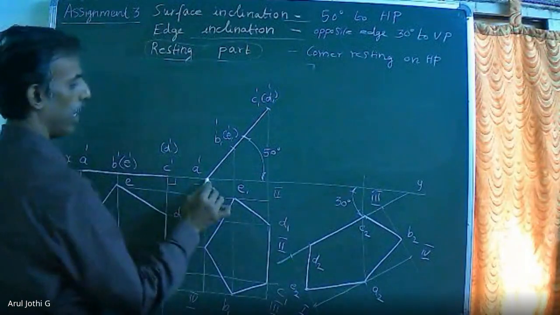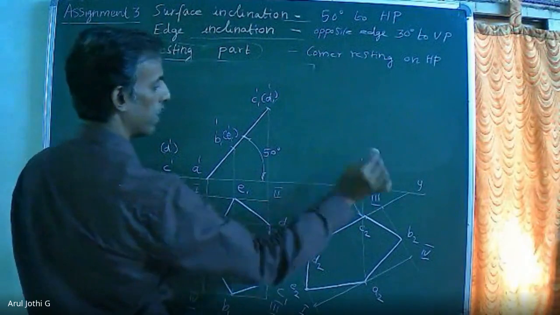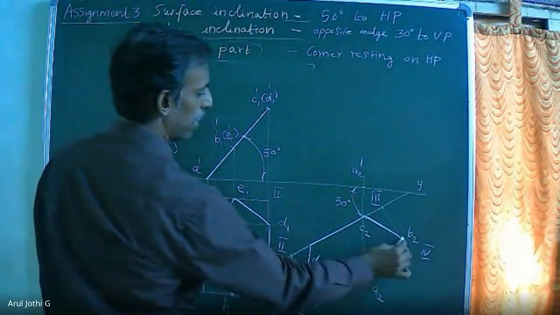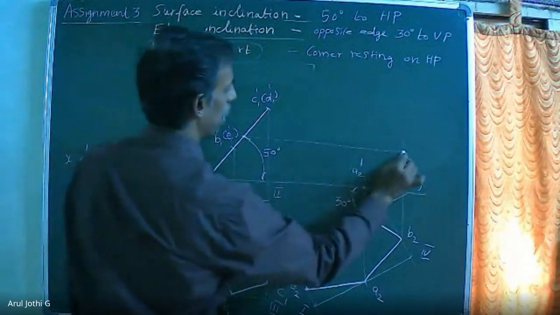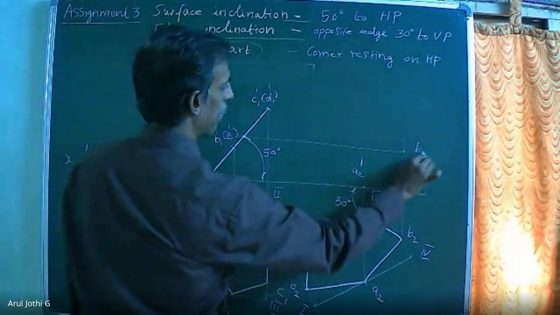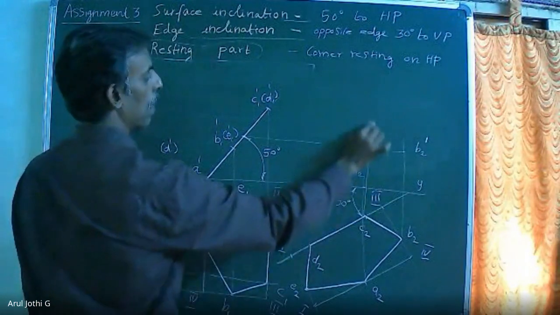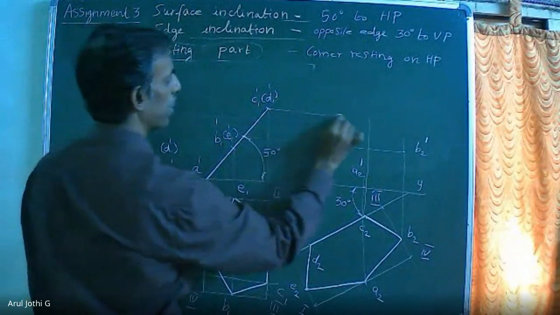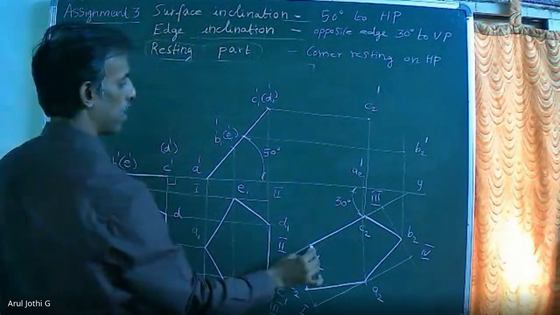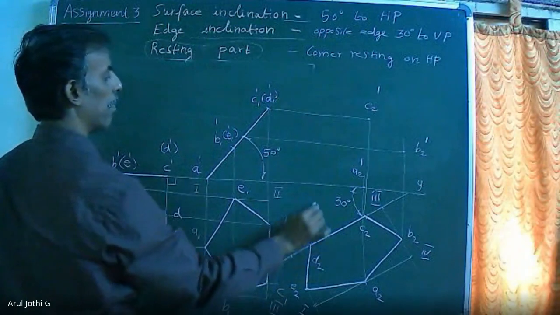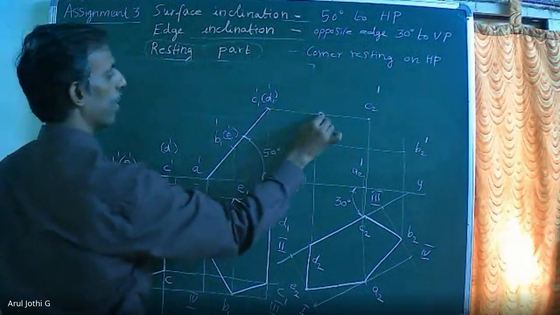Vertical line A dash, both are intersecting, forming A2 dash. Then extend B2, B1 dash. Then extend C2, C1 dash. Then extend D2, D1 dash.